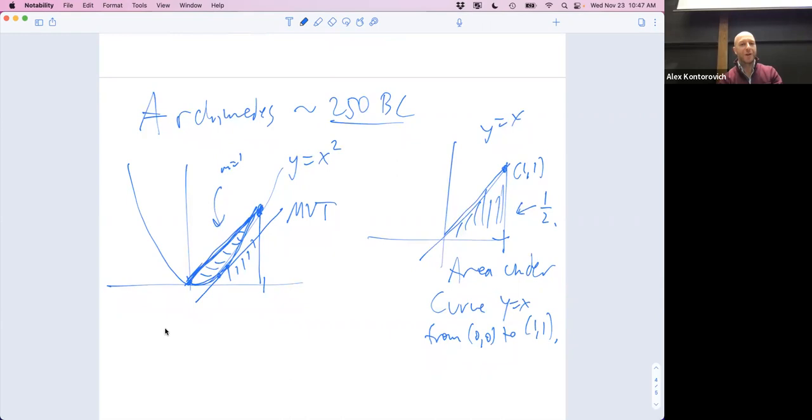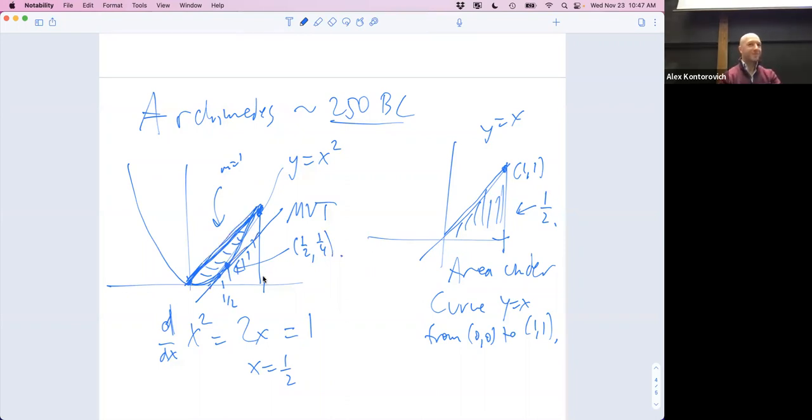If I look at the derivative, again, the derivative of x squared is 2x. When is that slope equal to 1? When x is a half, right? So right here at x equals a half, this point is exactly (1/2, 1/4). So the point (1/2, 1/4) has a slope that is exactly the same as the slope from here to here.